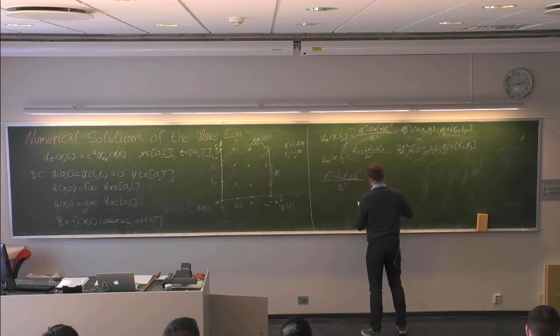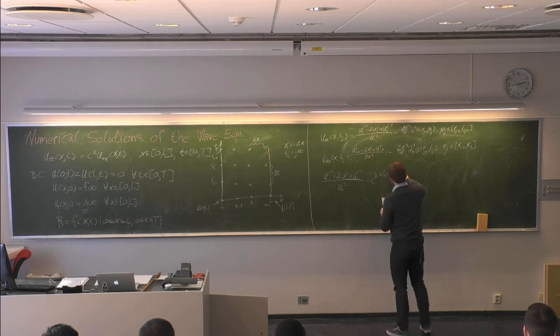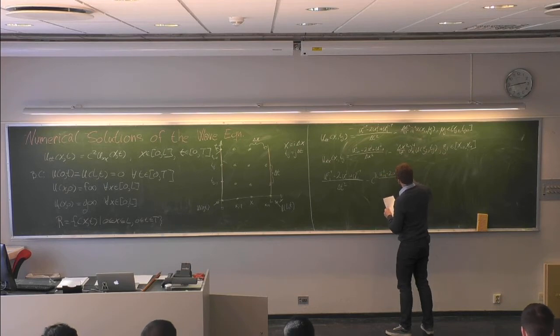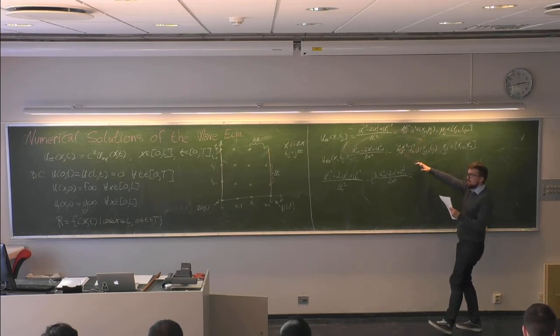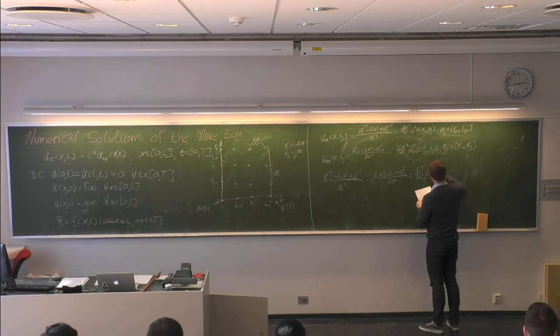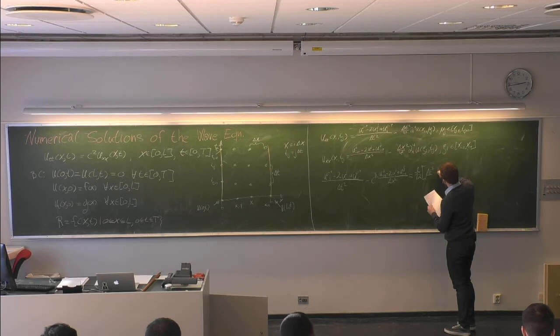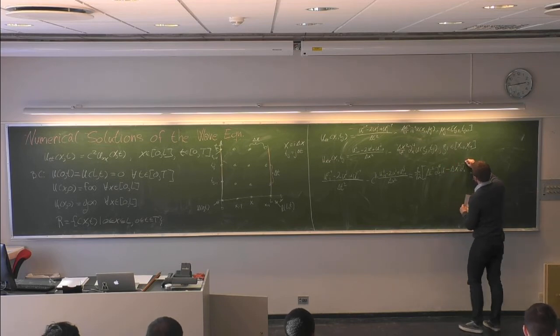Then we move the error terms to the right-hand side and we end up with 1 over 12 delta t squared d_t^4 u minus delta x squared d_x^4 u, like so.